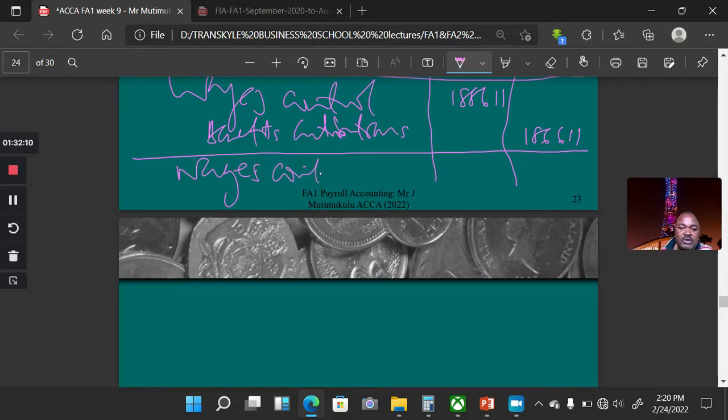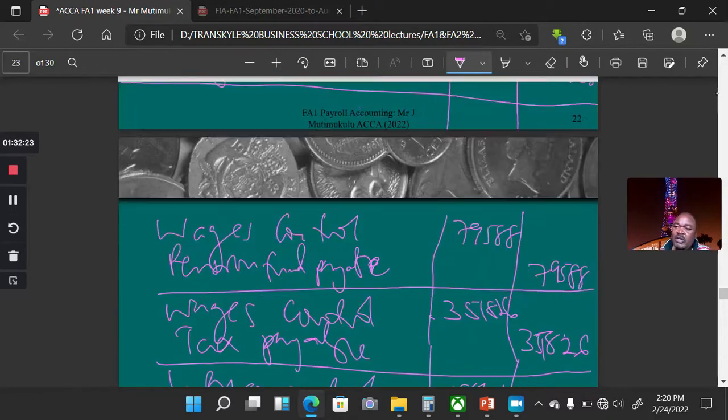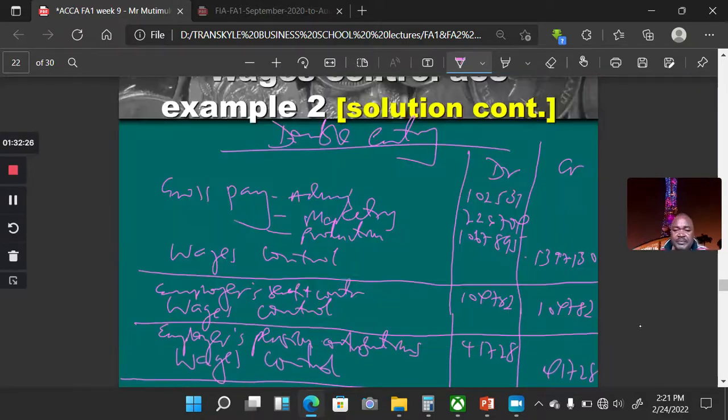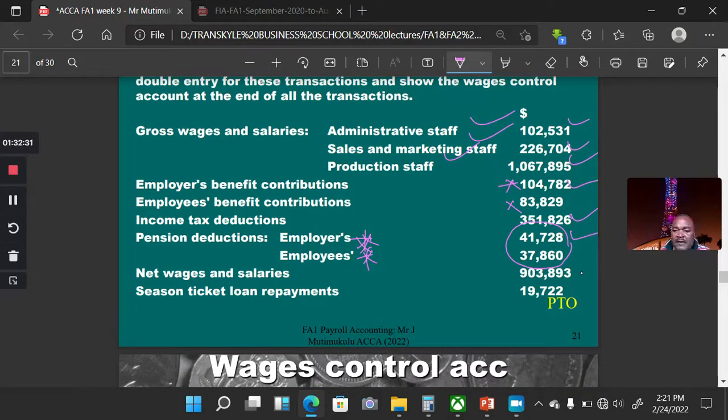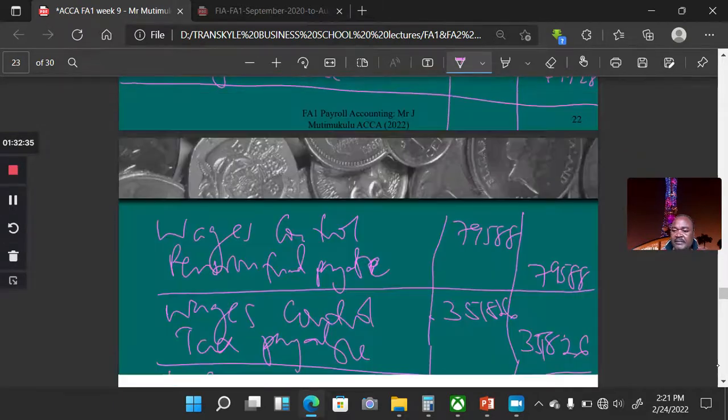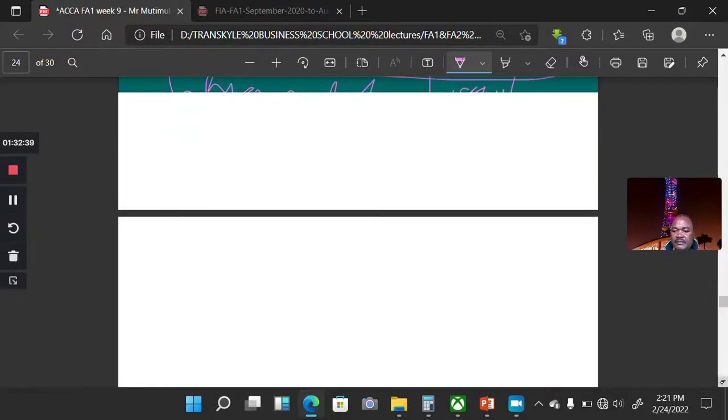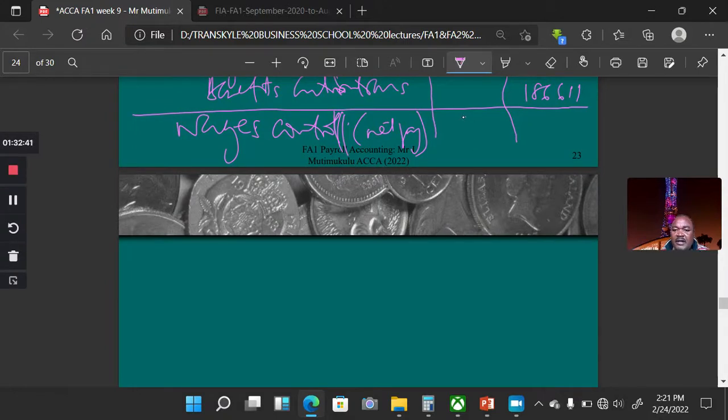Wages control, net pay. Because we are told in the question the net pay was $903,893.